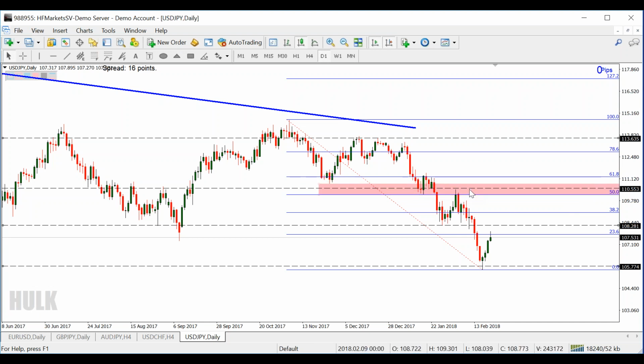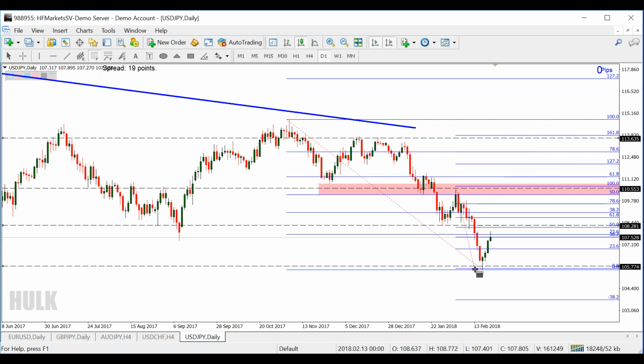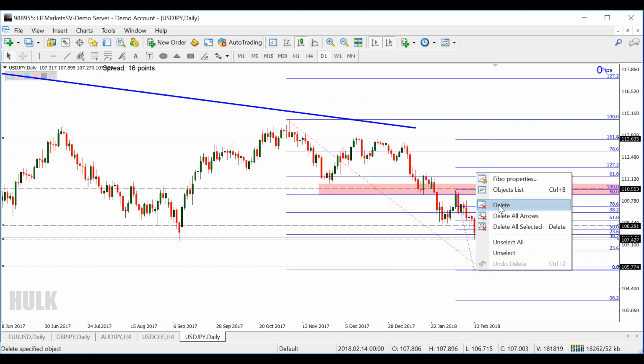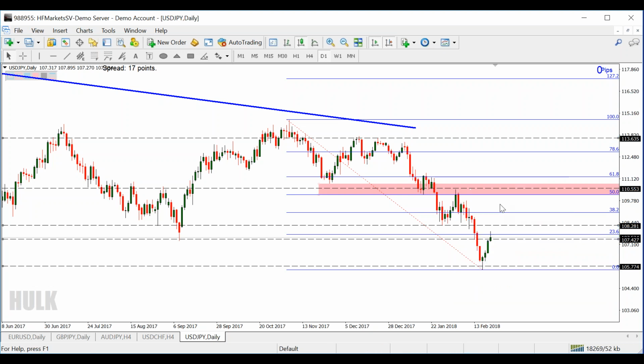This is the resistance. Here. And the one way is the smaller swing. This is also a possible retracement area. So what happened?